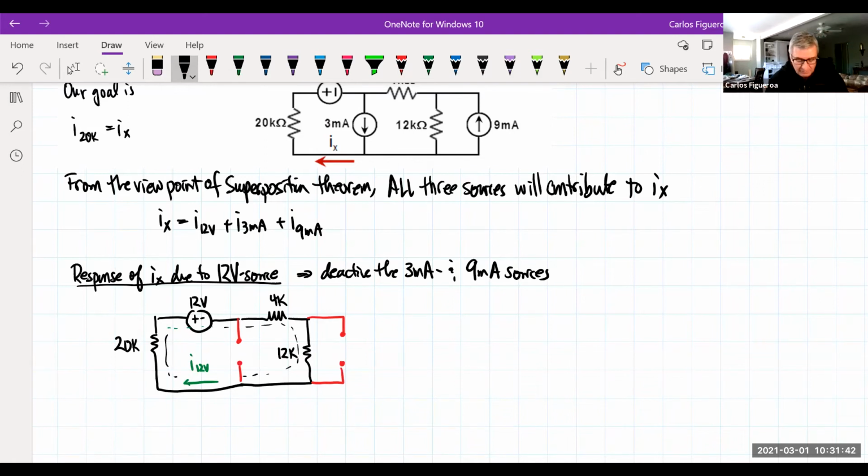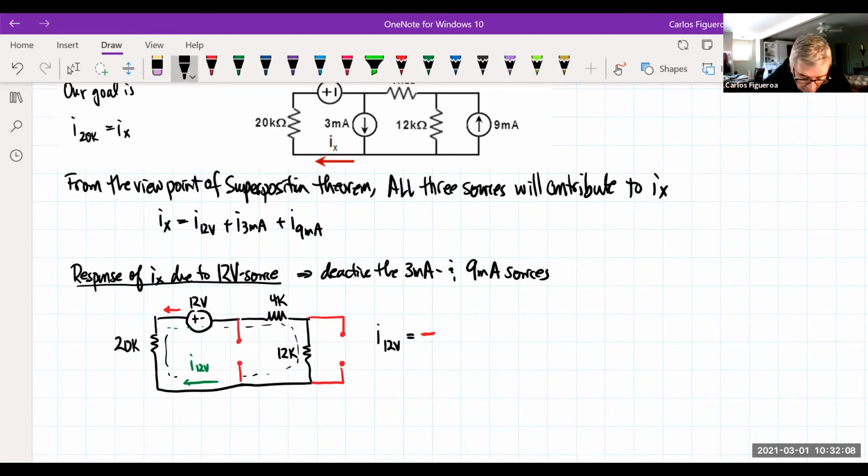That means everything's in series, but you could see that the 12-volt source is going to produce a current in which direction? In the opposite direction. So I know that there has to be a minus sign. So the current produced by the 12-volt source should automatically have a negative sign because it's opposite in direction.